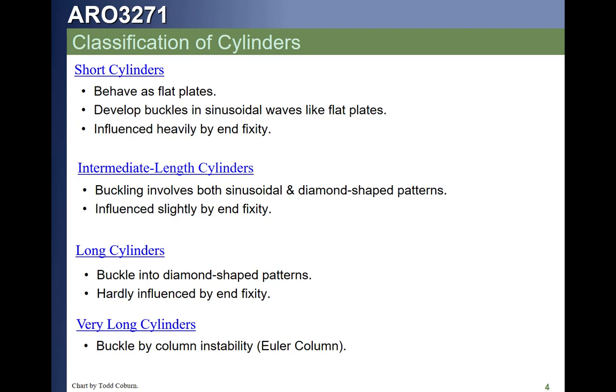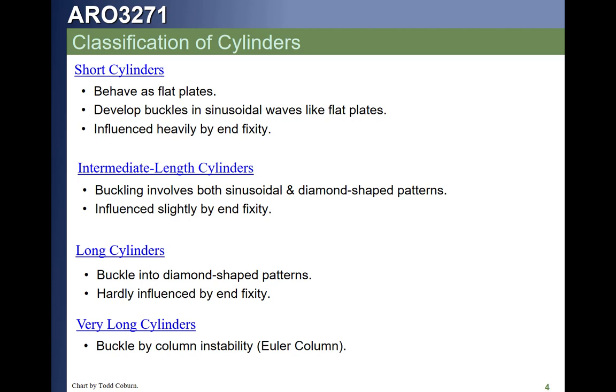Cylinders tend to be very stiff, efficient sections because they keep the area far away from the centroidal axis, so they tend to be very resistant to Euler buckling, especially if they're very large cylinders. But the longer they get, the more chance that an Euler column kind of effect will begin to become critical.